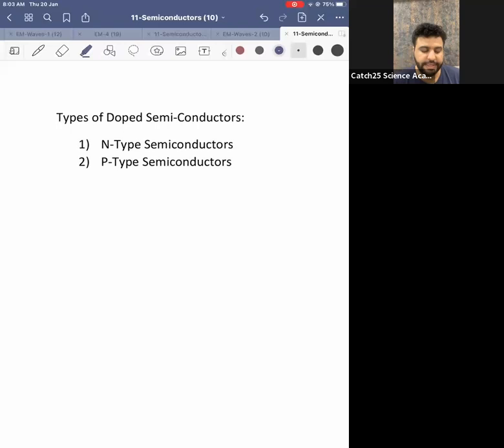The side heading is types of doped semiconductor or types of extrinsic semiconductor. There are two types: one is N-type semiconductor, another one is P-type semiconductor.